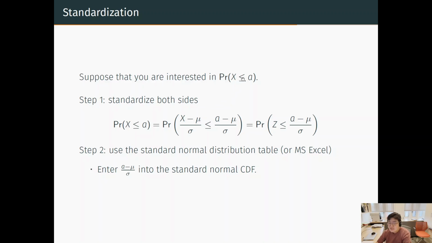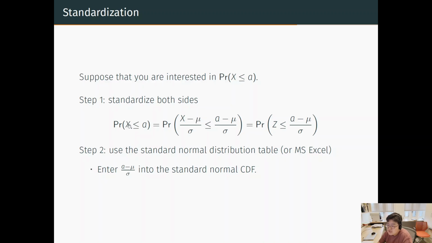Think about this. Suppose that you'd like to calculate the probability below A, right? And X is non-standard, but we can standardize both sides. We are going to standardize X, but at the same time, within the parentheses, you need to maintain the inequality, so you have to do the same transformation on the other side.